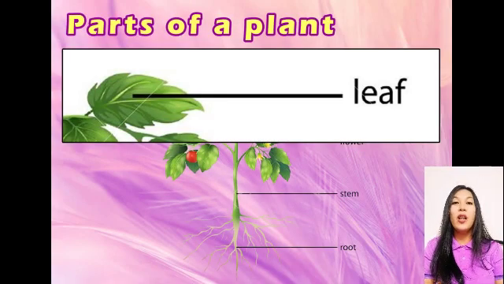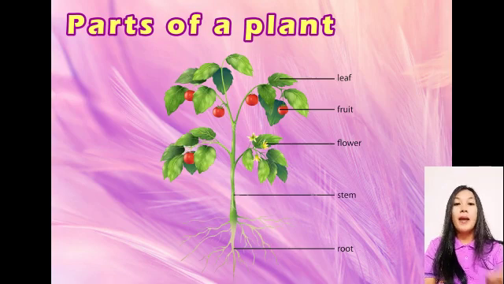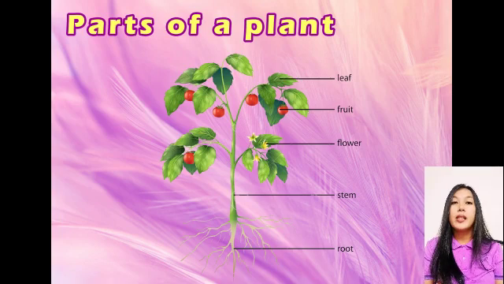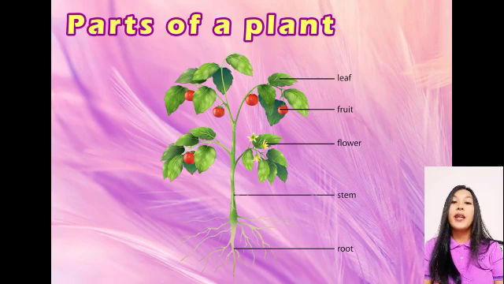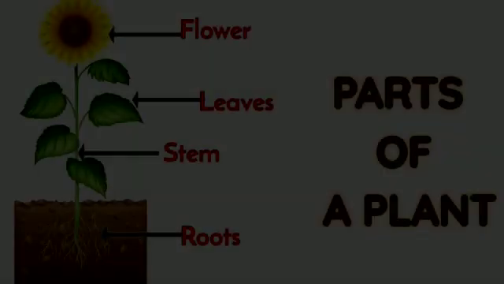So those are the 5 basic plant parts. Number 1 is the root, number 2 is the stem, number 3 is the flower, number 4 the fruit, and the last one is the leaf. In the next video we are going to get to know these different plant parts and their functions.